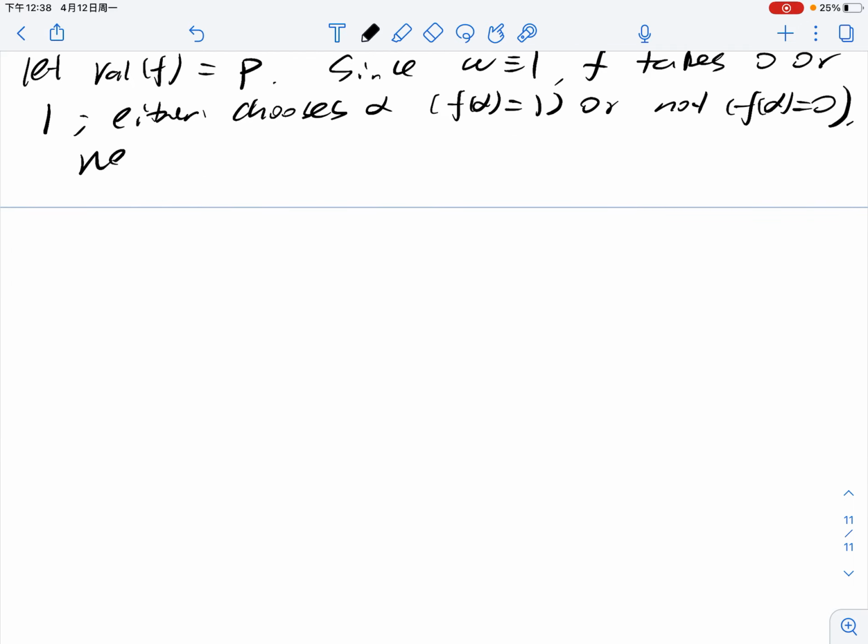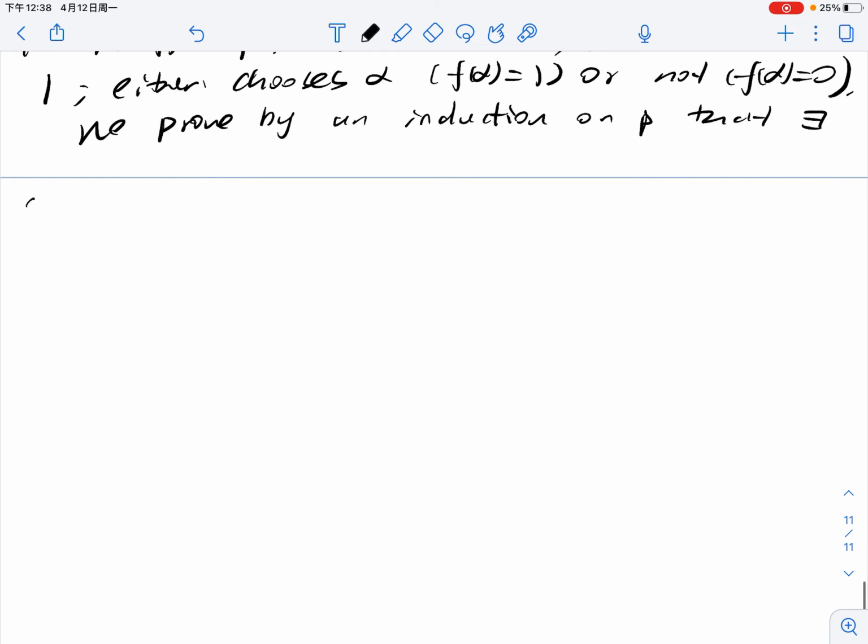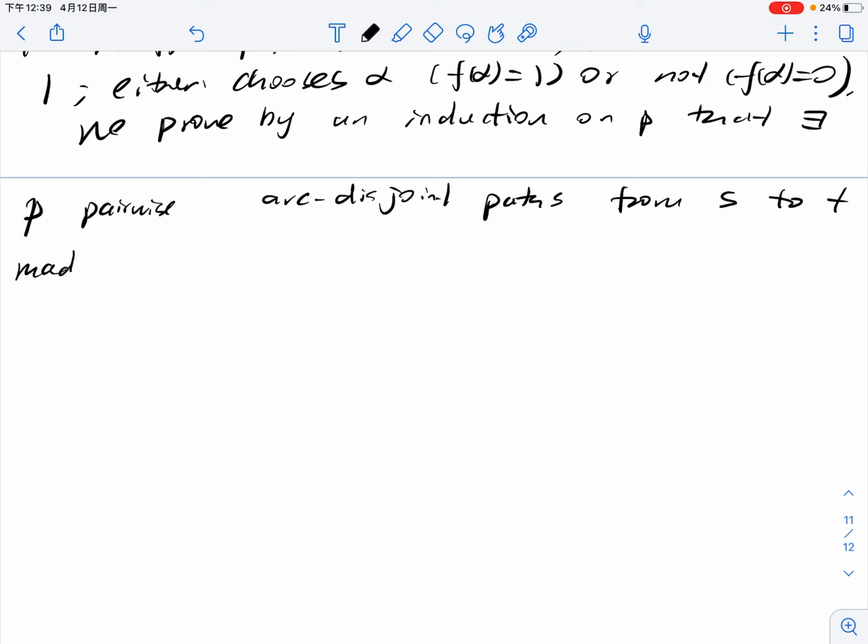So we prove by induction on p that there exist p pairwise arc disjoint paths from S to T made up of arcs chosen by f.